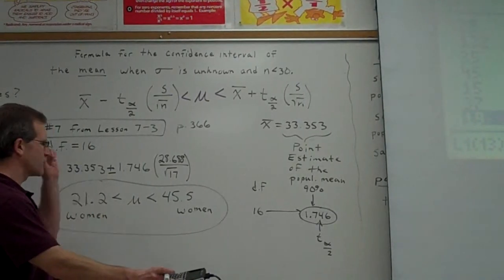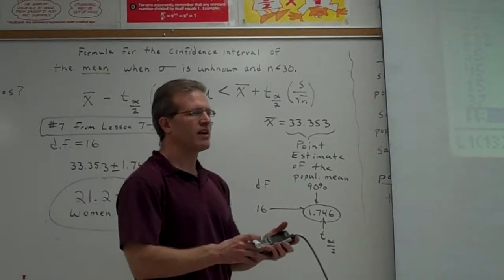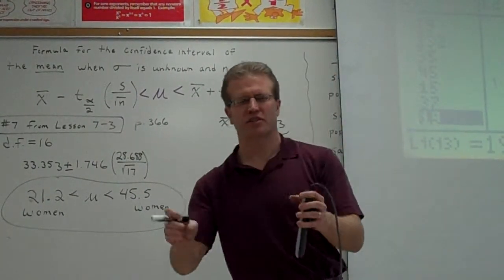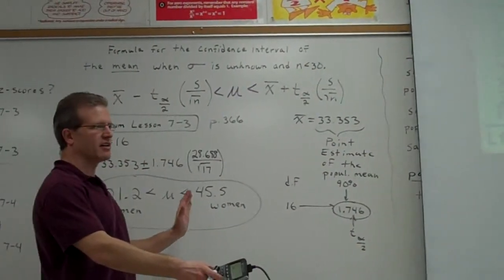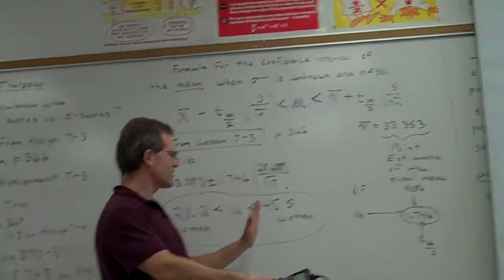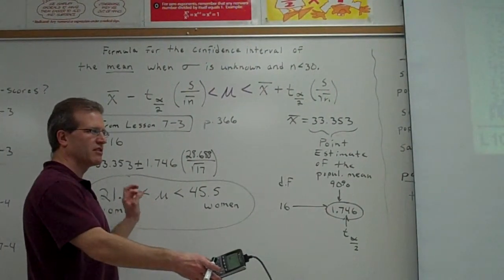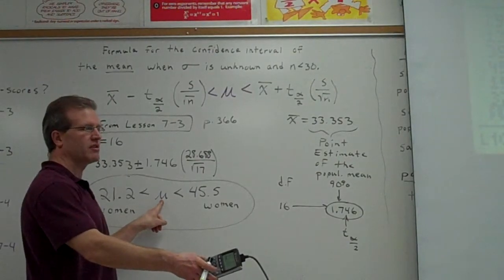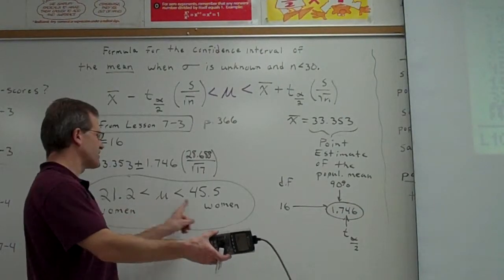Okay? Now it's a 90% confidence interval, so what that means is that if I went out and picked 17 states, then picked another 17 states, and picked another 17 states, and I did that 100 times, and I found 100 different confidence intervals, 90 out of 100 times, the true mean, which we said was about 32, would fall in the interval.